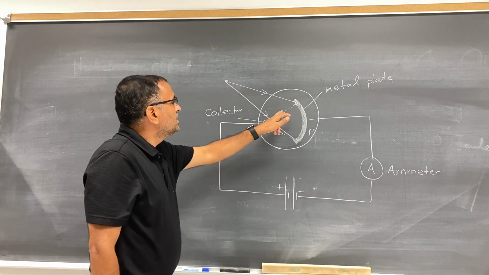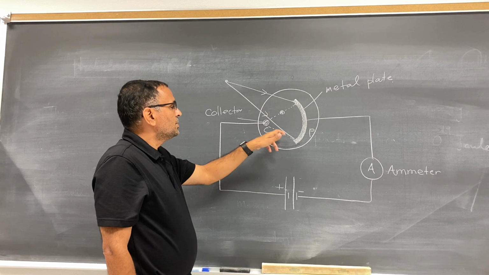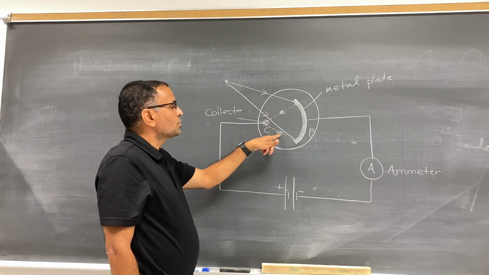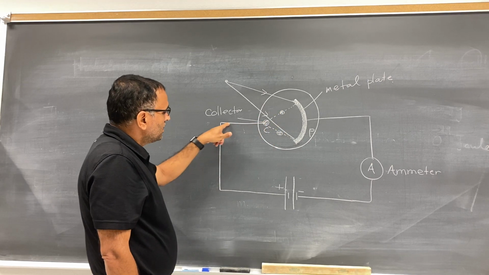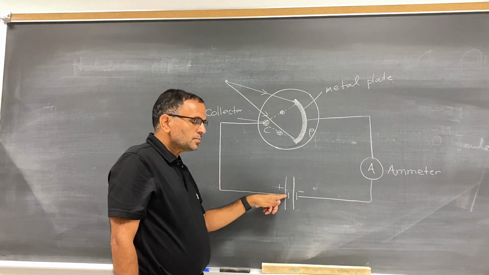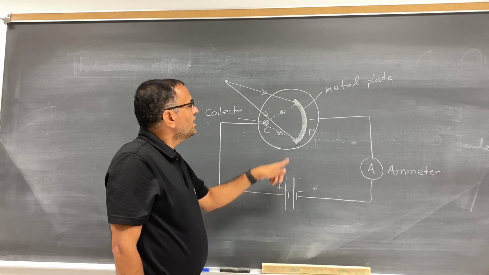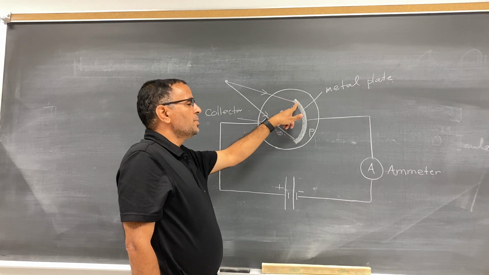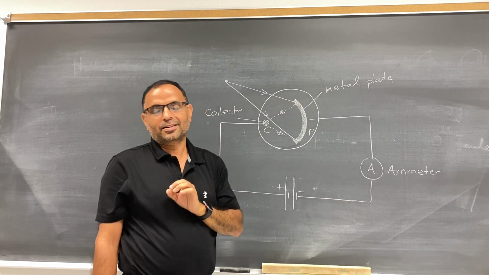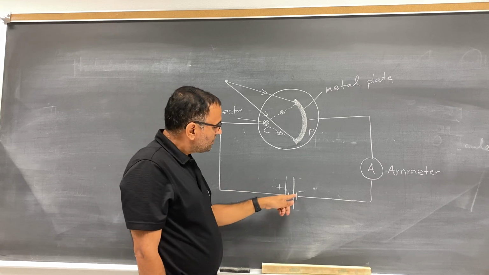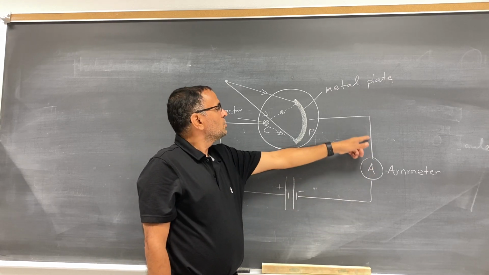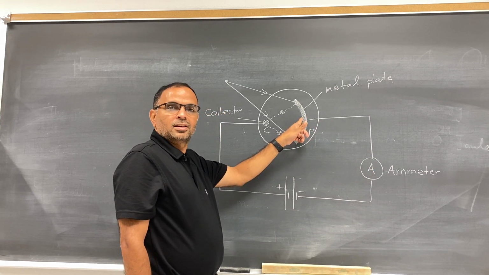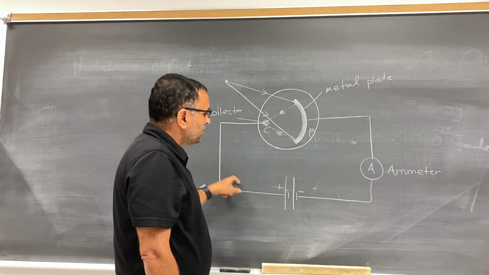This is negatively charged, so this negatively charged electron is attracted by this collector and it goes there. And look, if one electron is ejected from here, there is a gap then. To fulfill the gap, the electron from here goes there. That means there is a flow of electron here.